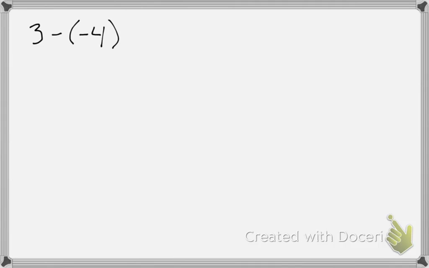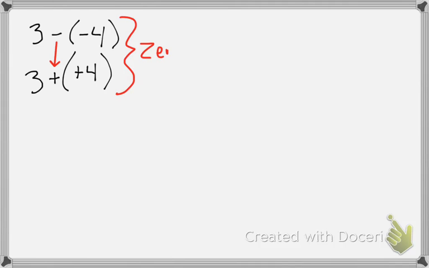In this situation, we'd rewrite it this way. 3, and then minus becomes plus. -4 becomes +4. And in doing that, -4 and +4 make a 0 pair. And we end up with 3 plus +4. Well, that would just be 3 plus 4, which is 7, +7.